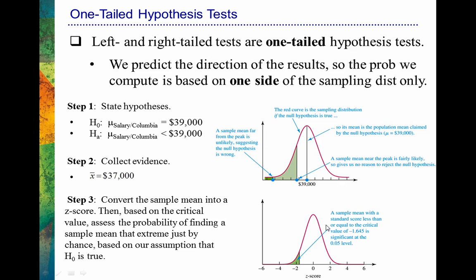So now we have a distribution of sample means that's been converted into z-scores. So the population mean would be equivalent to a z-score of 0. It's right there in the middle. And now we're able to figure out where in this distribution this particular mean of 37,000 is, because we'll convert it to a z-score and then we'll know exactly where it is. Then we'll be able to figure out where these critical values are.